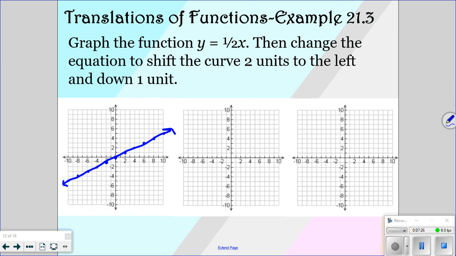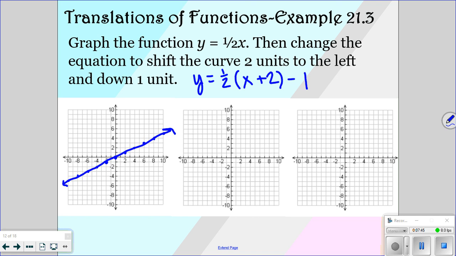Okay, and then we want to change the equation to shift the curve 2 units to the left and 1 unit down. So y equals 1/2. I shift 2 to the left, it's going to go with the x, and it's going to be plus 2. And then we do down by 1.